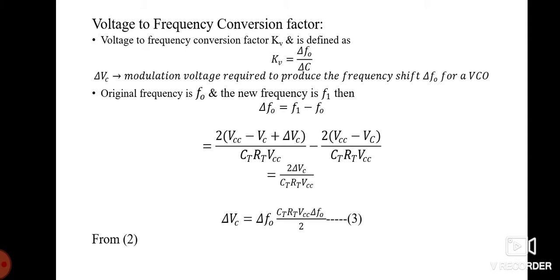Therefore, the change in frequency can be given as del F naught equal to F1 minus F naught. After substituting the values of F1 and F naught and simplifying, we get 2 into del Vc divided by Ct RT into VCC. From this we find the value of del Vc, marked as equation 3.